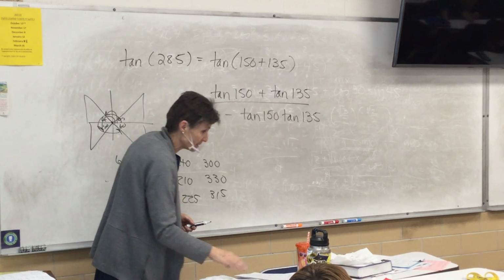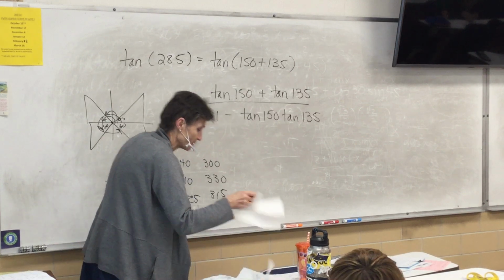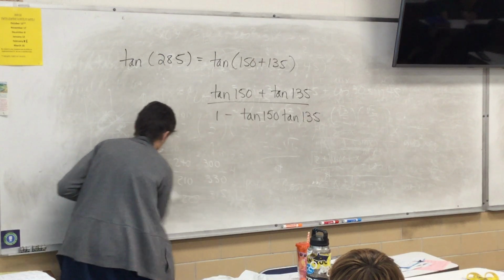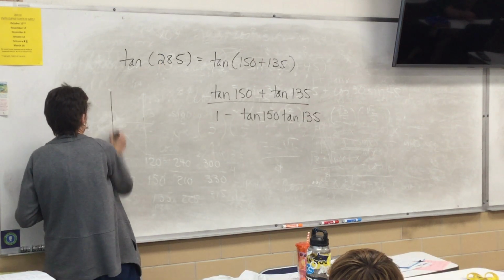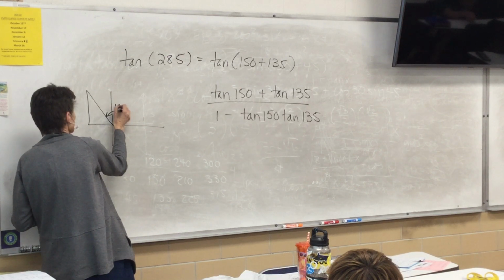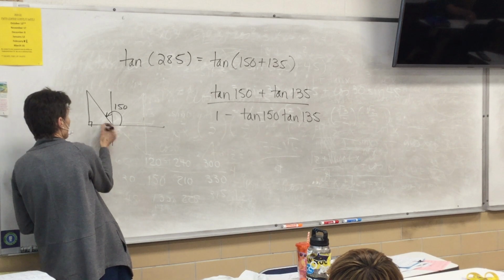Okay, so now I'm going to need to draw pictures for 150 and 135. So here's 150. What's the reference angle for 150? What's this angle in other words? 30.